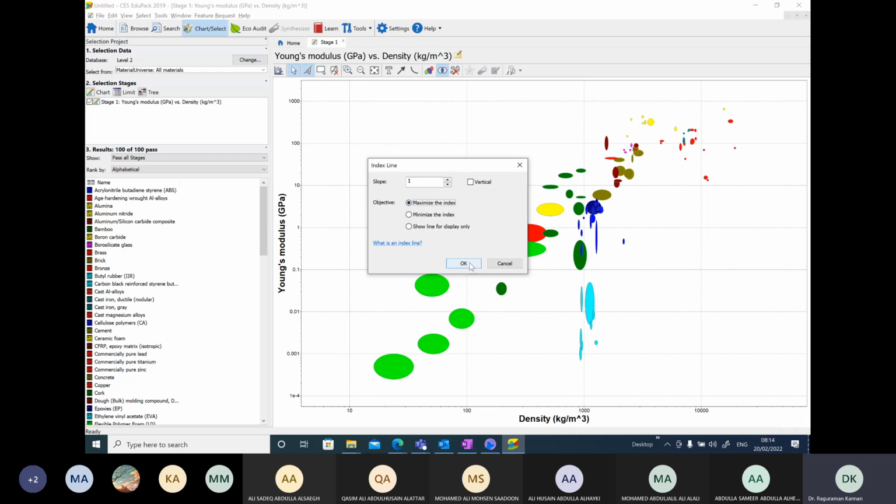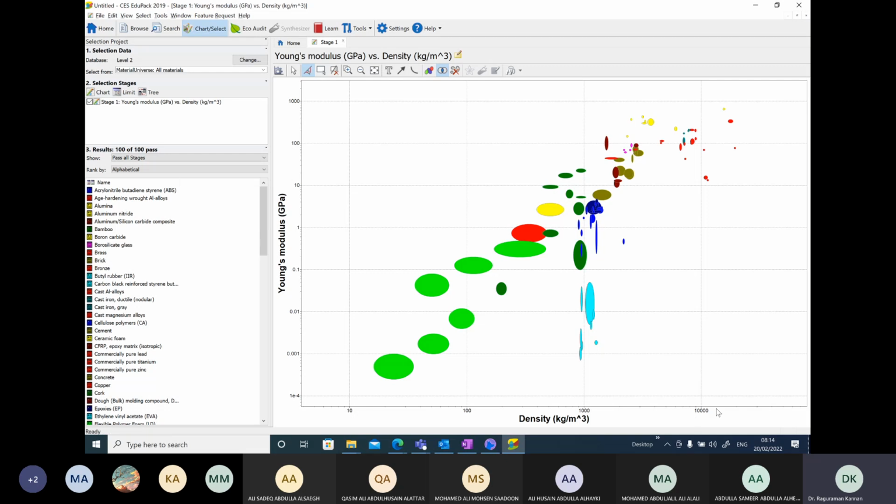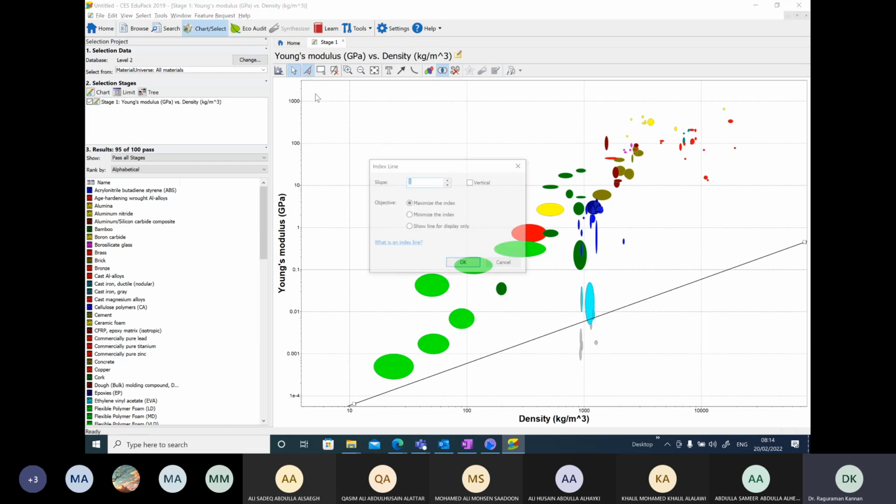Okay, so let's put OK, and we can draw the slopes here. So let's try drawing the slopes, and wherever you click, you can see the slope appears.